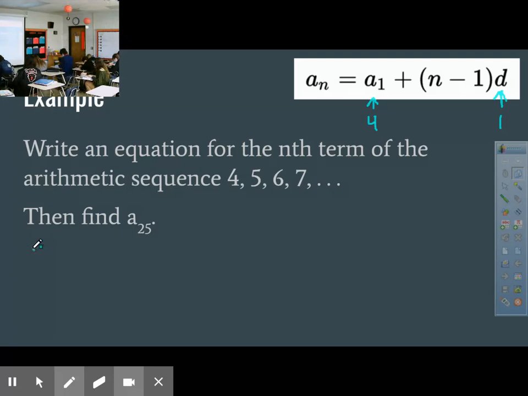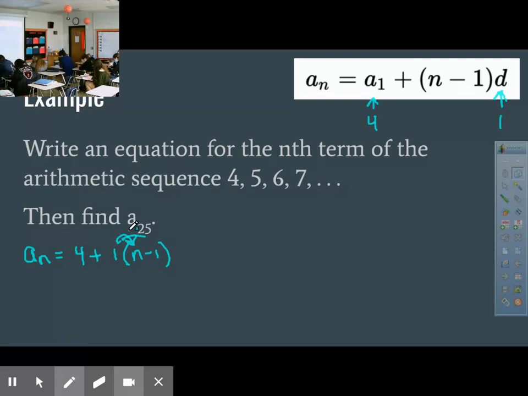All right, so to find my nth term, what we would do is 4 plus n minus 1 times 1, but I'm going to put the 1 in front: 1 times n minus 1. Now you distribute the 1. Do we leave the 4 alone?